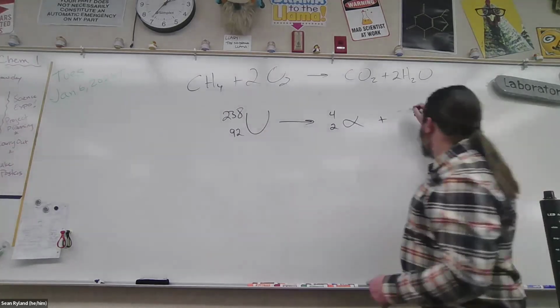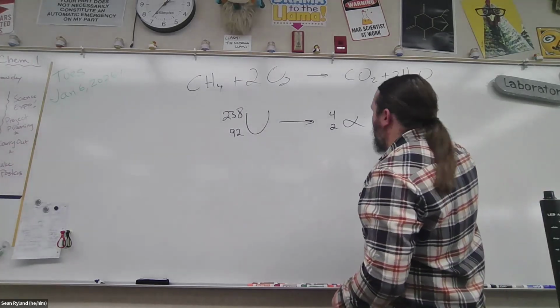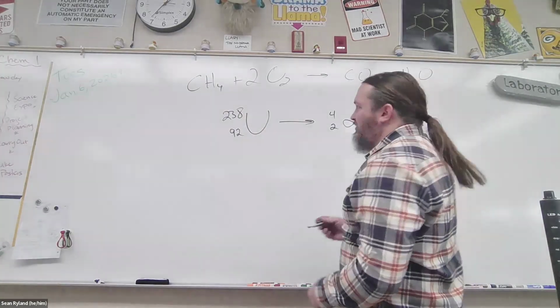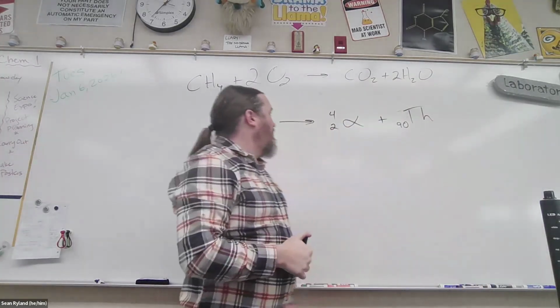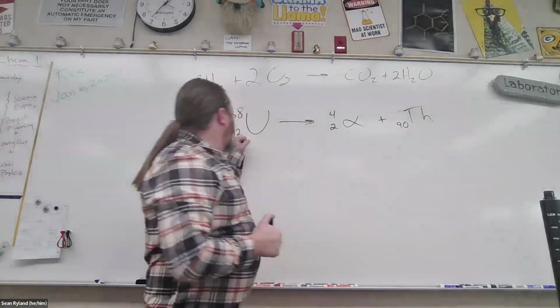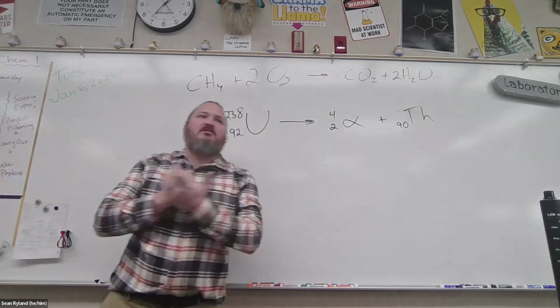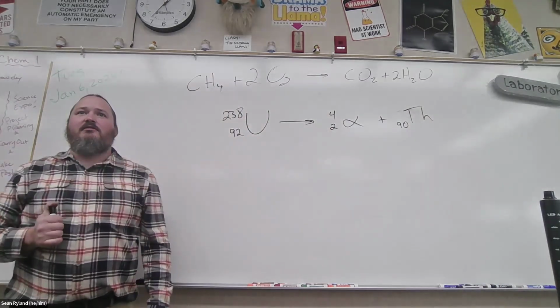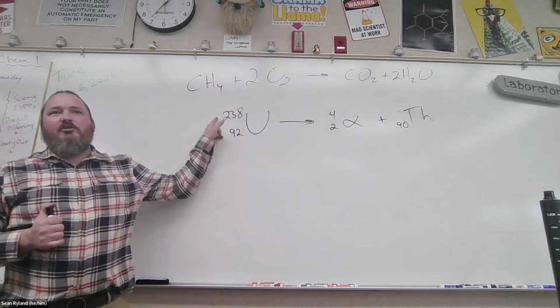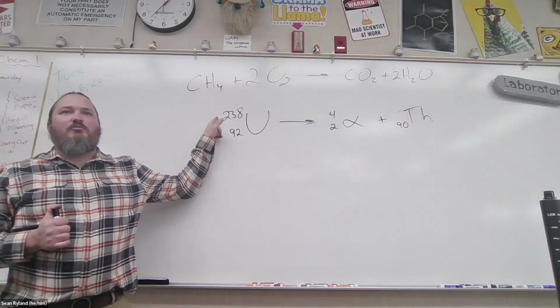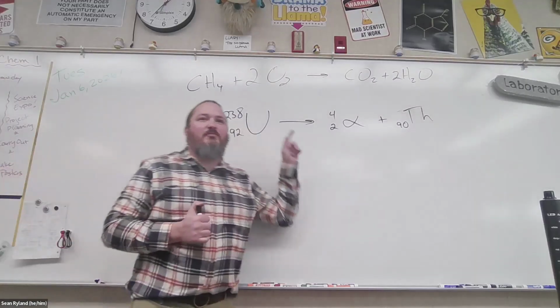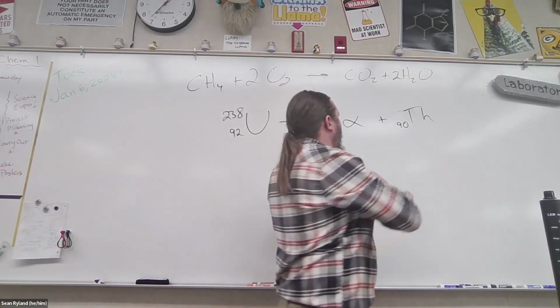Thorium. It would have an atomic number of 90 now. So if it lost 2 protons and 2 neutrons, what's the new mass of the thorium now? It was uranium-238. You lost 2 neutrons and 2 protons, so your mass number drops by 4.